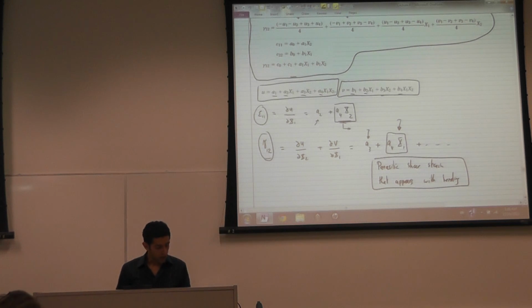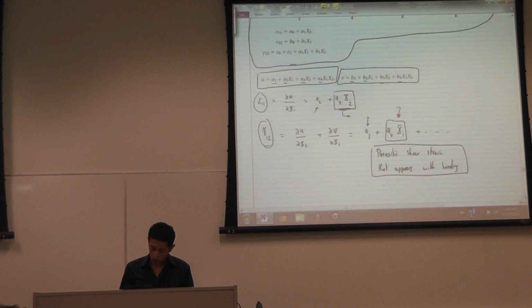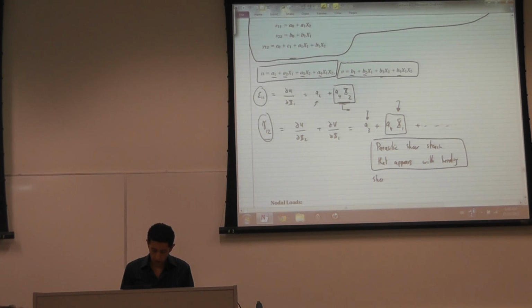It's called parasitic shear, or also shear lock. The element exhibits shear lock.